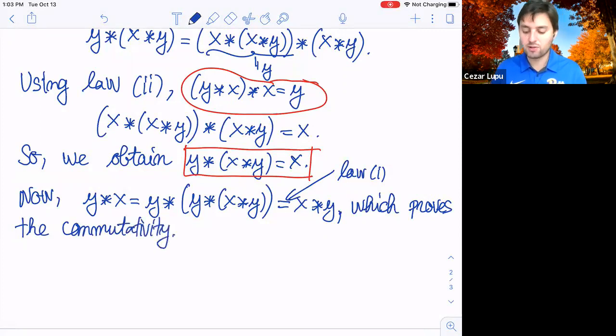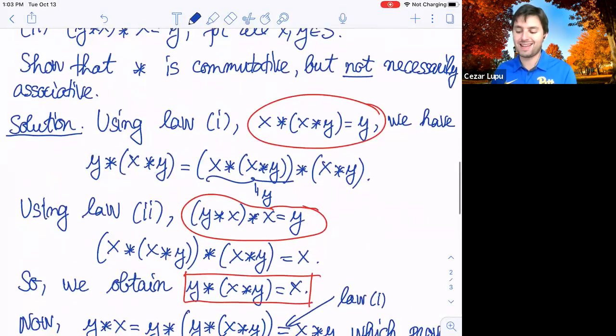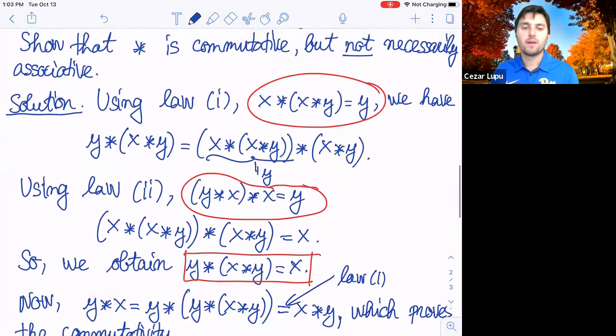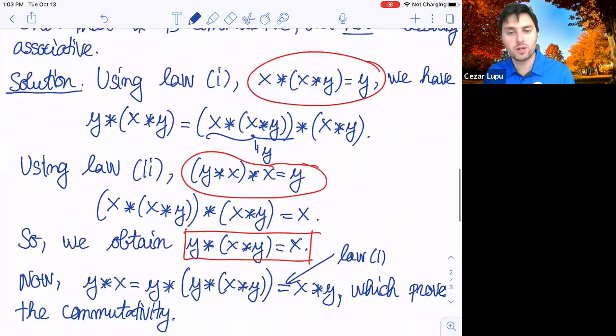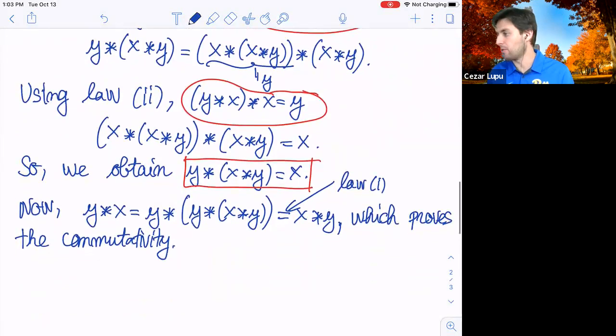And now let's see for the associativity. So we're done with the first one, but not necessarily associative. When he tells you not necessarily associative, maybe you should come up with an example or something.